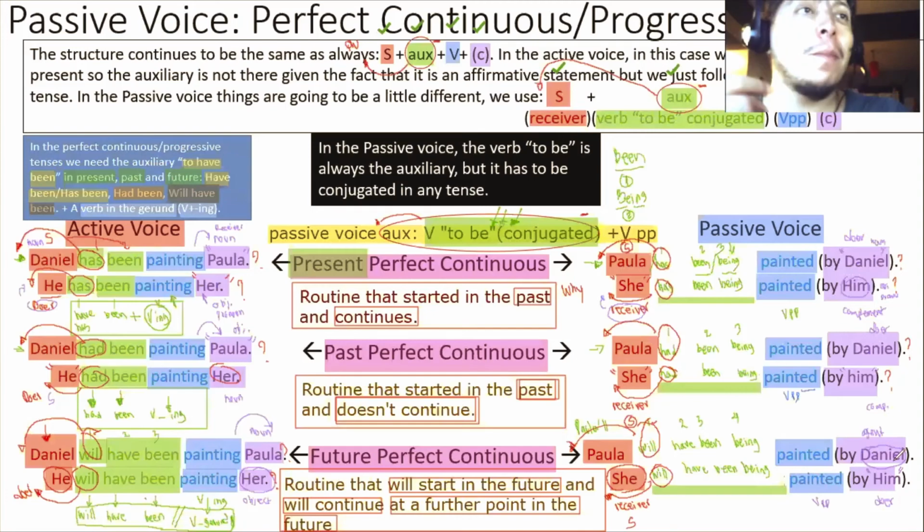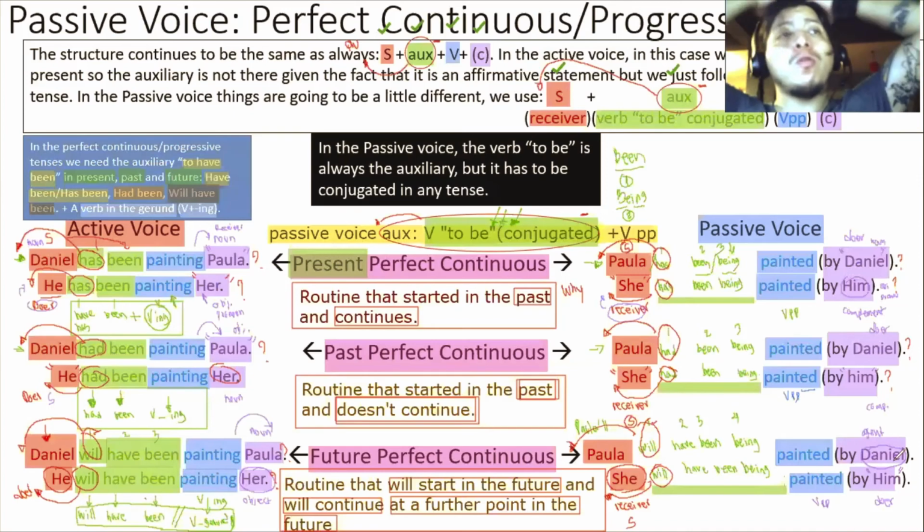Futuro continuo, Paula estará siendo pintada. Los tiempos perfectos. Paula ha sido pintada. Pasado perfecto, Paula había sido pintada. Futuro perfecto, Paula habrá sido pintada. Y los tiempos perfectos continuos: Paula ha estado siendo pintada, Paula había estado siendo pintada y Paula habrá estado siendo pintada. Con esto acabamos la voz pasiva en los 12 tiempos.